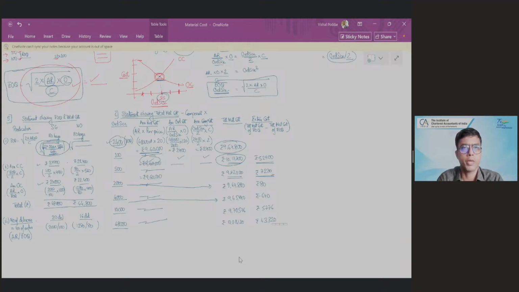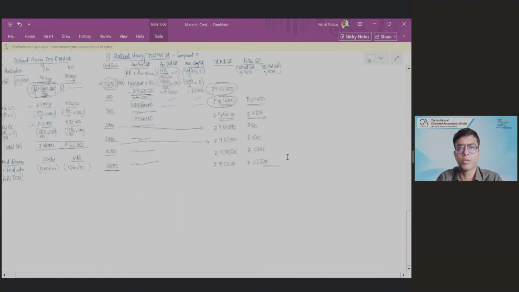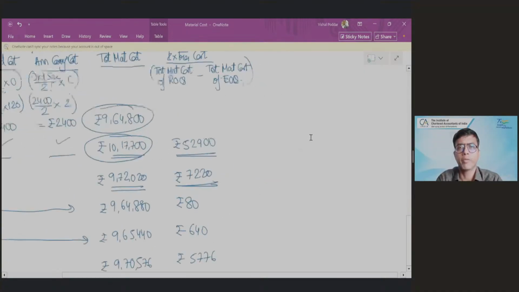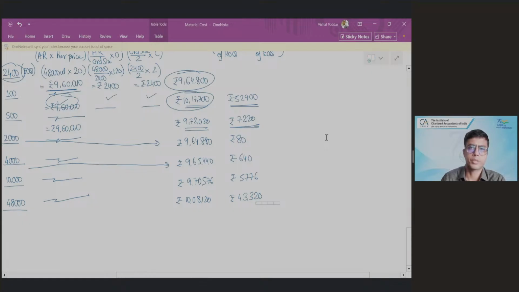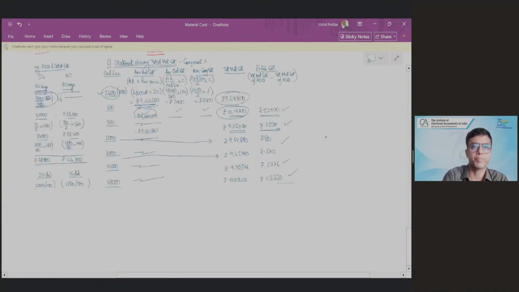Okay, so now I'm getting yes. Super. So there was some technical error, I suppose. Okay. So this is how you will have your answers. That is the extra cost incurred for not following EOQ, right? Great.